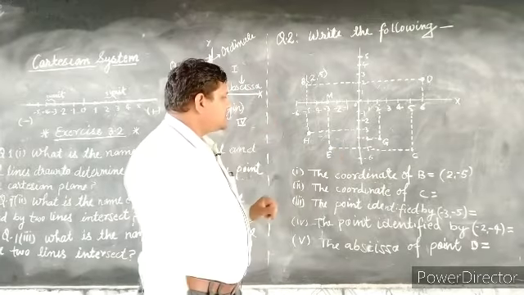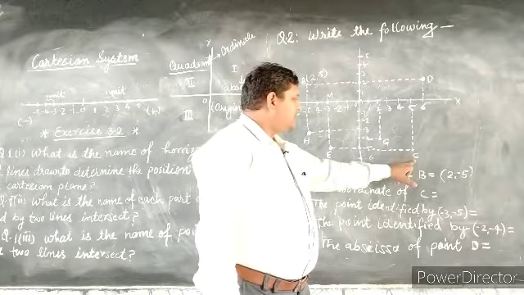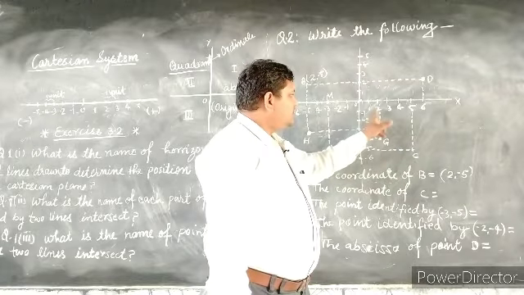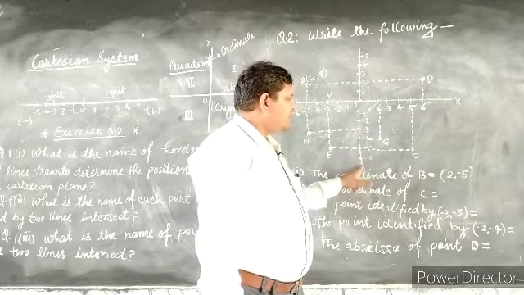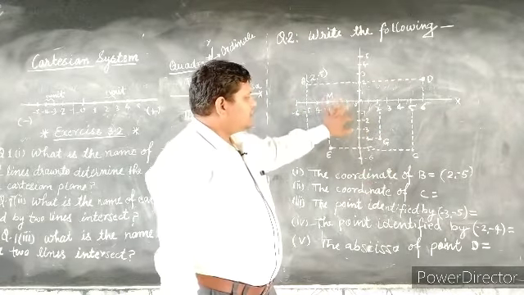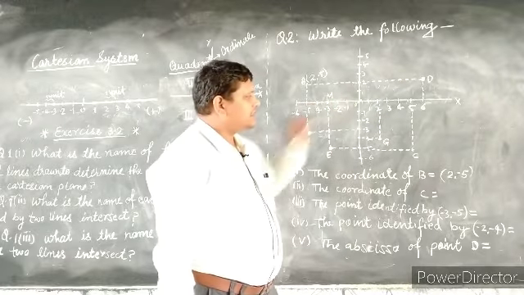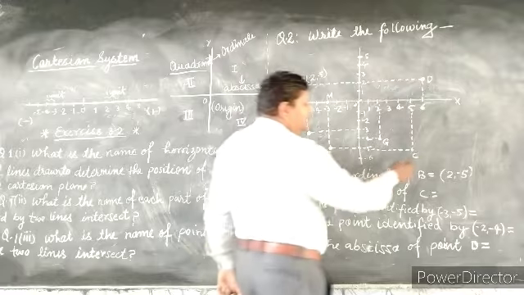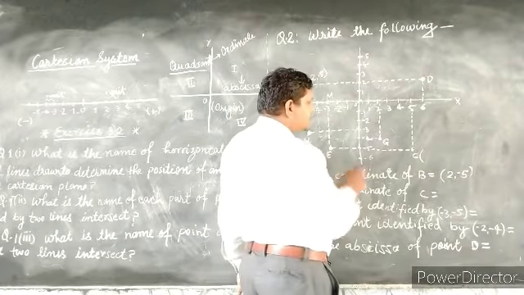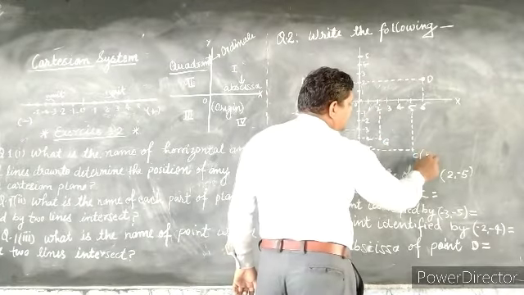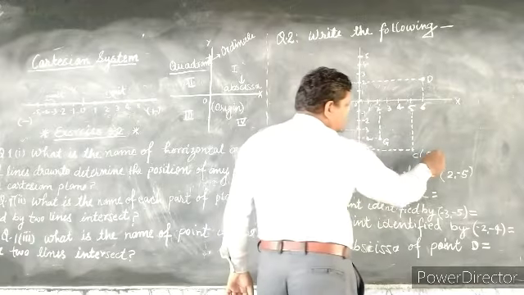After this, the second part is the coordinate of C. The C point is here, and this point is 1, 2, 3, 4, 5, so 5 units distance from the y-axis, and 1, 2, 3, 4, 5, so 5 units distant from the x-axis. Then for the coordinate of C, first of all we write its x distance, that is +5, and the y distance, that is -5.